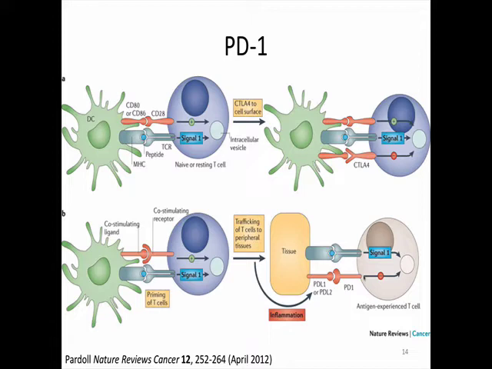If that T cell is more of a memory T cell, an antigen experienced T cell, it might not have CTLA4, but it might instead have a negative protein called PD-1, which is able to bind to one of two ligands called PD-L1 or PD-L2. You can see that here. So it's basically the same process, just that process is now happening on an antigen-experienced cell instead of on a naive cell.